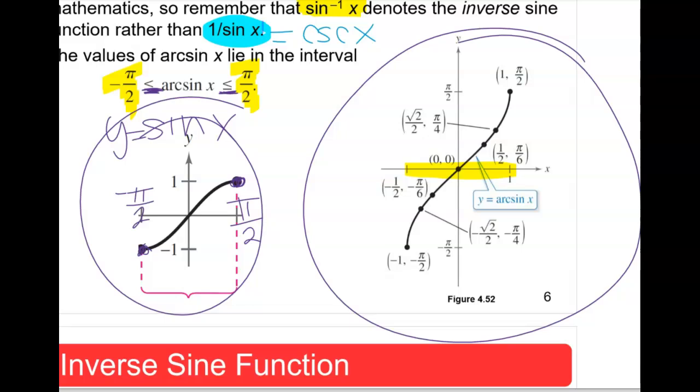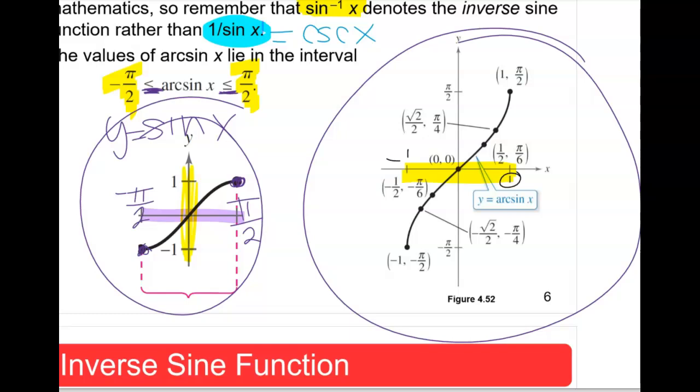So now what we see here is that what used to be the range for sine is now the domain for the sine inverse. So this number should be a negative 1 right here. We have the positive 1 here. Now, for the sine function, the domain was restricted from negative pi over 2 to pi over 2.